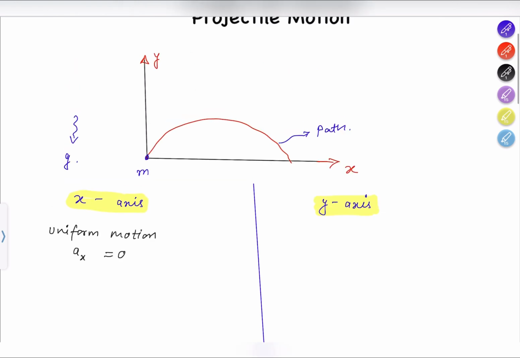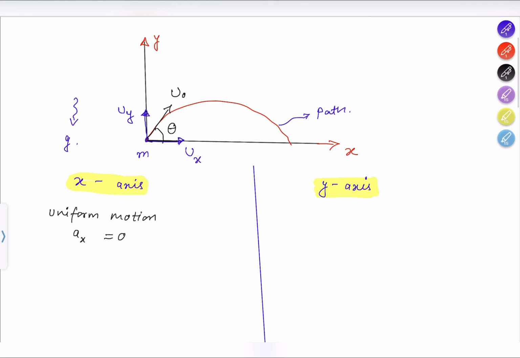Let's say the initial velocity of the particle is u0, and this angle is theta. The velocity along this direction will be ux, and the velocity along the y direction will be uy, the initial velocity in the y direction, and ux is the initial velocity in the x direction. So velocity will be constant. How much will it be? Every time it will be ux.